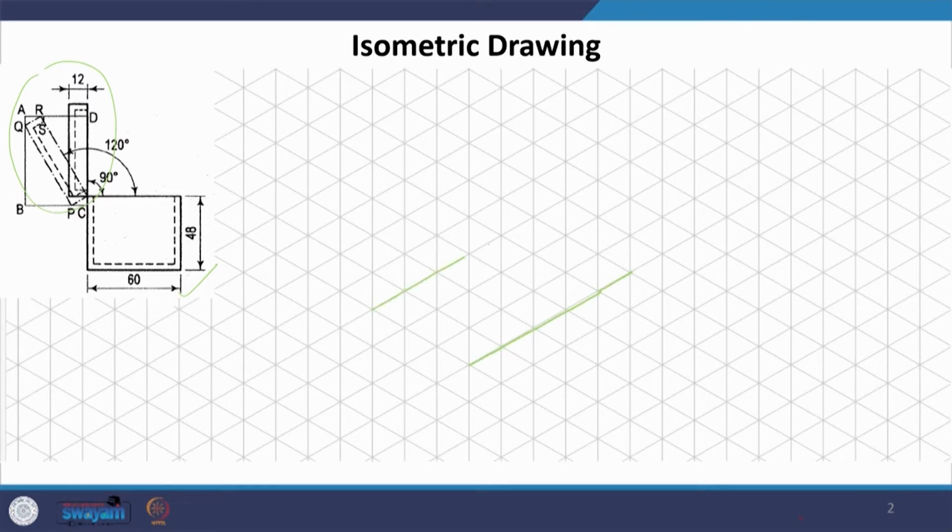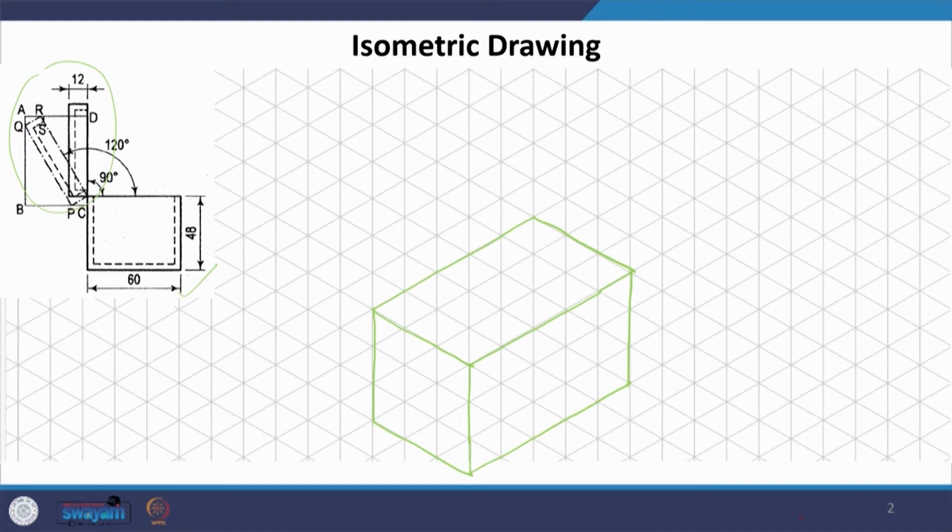Now, initially when I say that I am taking a green colored line, it means I am taking it in light. This is a light line as far as its darkness is concerned, but it is solid. Do not go by proportions.